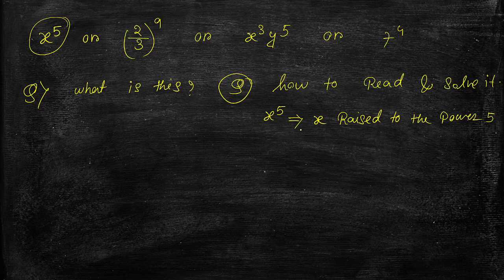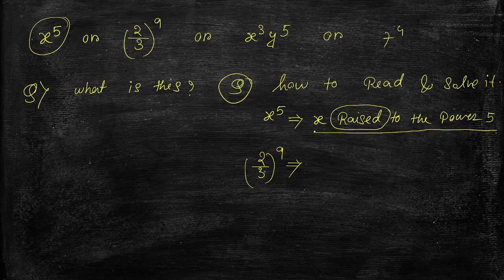Now frankly, when we write like this, but when we say it, we don't say raised, we say x to the power 5. Similarly for 2 by 3, we will say 2 by 3 to the power 9. We skip the word raised because in general way we don't use this word.